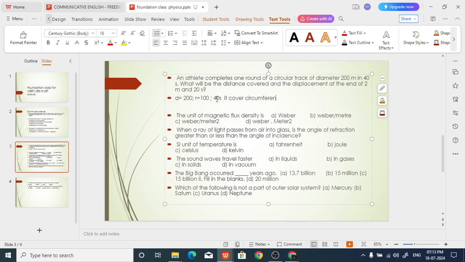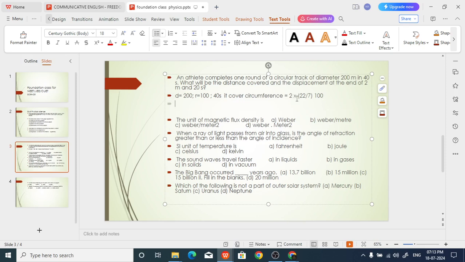Circumference is equal to 2 pi r, 2 into 22 divided by 7, into r. R is 100. Now, 2 minutes 20 seconds means how many seconds? 2 minutes is 120 and 20 seconds, so it is equal to 140 seconds.